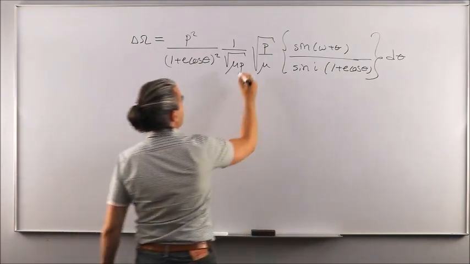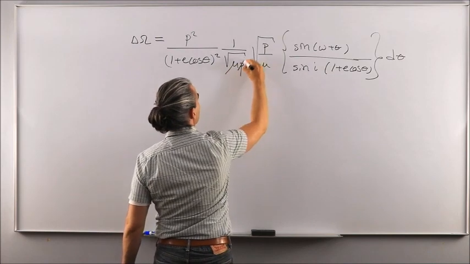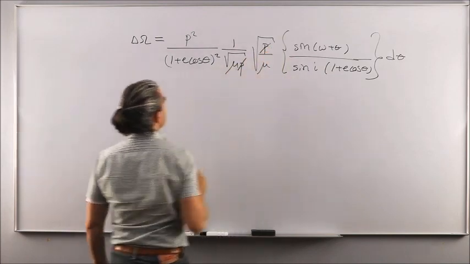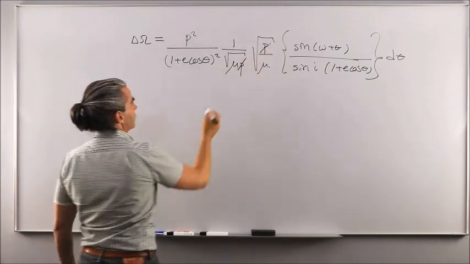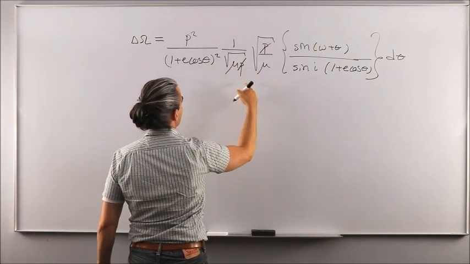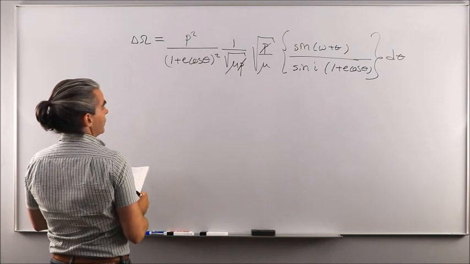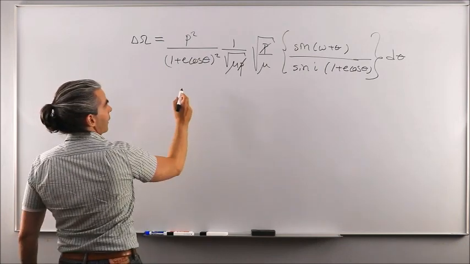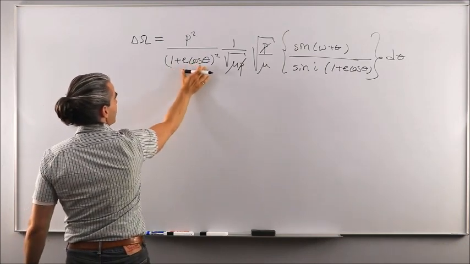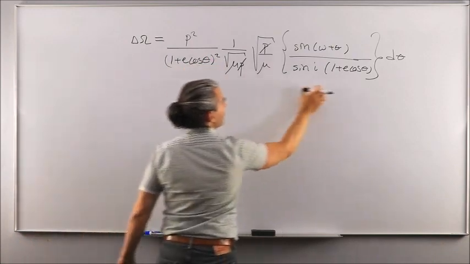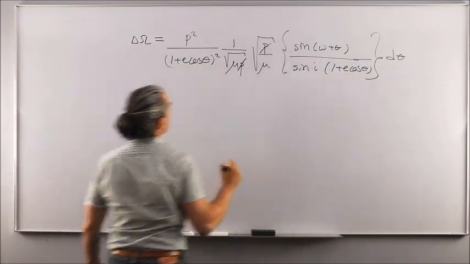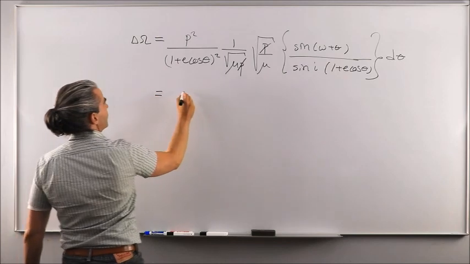Well, I can cancel the square root of p. I can multiply the square root of mu together to get just mu. I can also combine the (1 plus e cos theta) squared with the 1 plus e cos theta. So let's do all of it in one go.